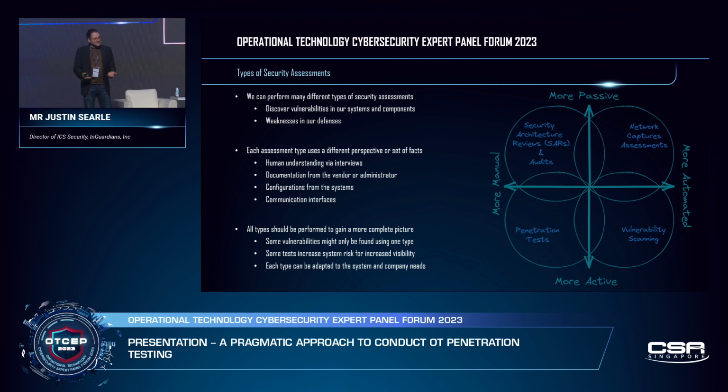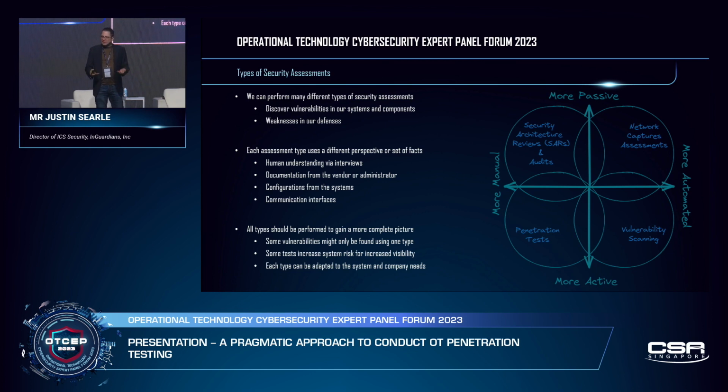Other assessment types, like vulnerability scanning or penetration tests, tend to be more active, so more towards the bottom of this table. Anytime we use an assessment type that actively interacts with the equipment, we are taking some level of risk to the OT environment.